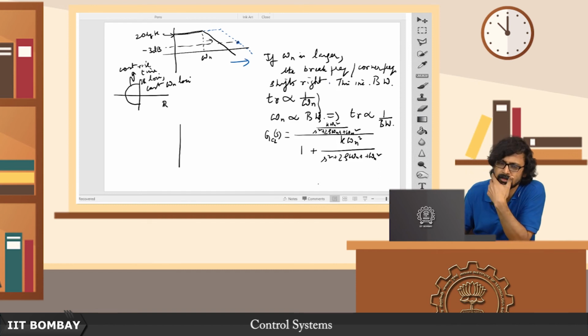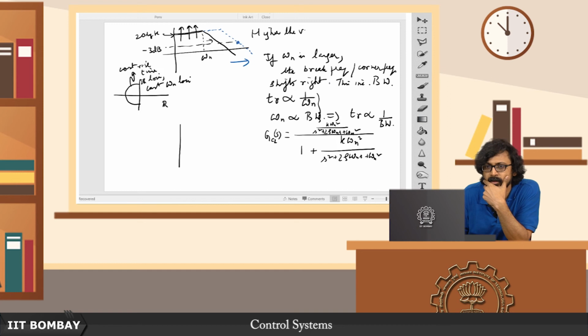Now I'm going to make a sweeping statement. You see that a high value of k is desirable for higher bandwidth. One thing is for sure, if you give a high value of k here, this plot is lifted up. So the higher the value of k, the higher the bandwidth.